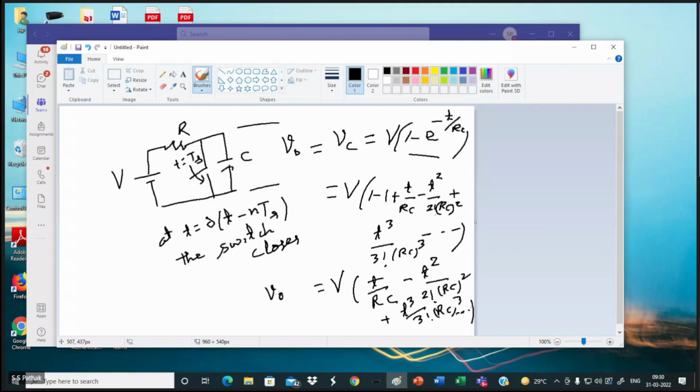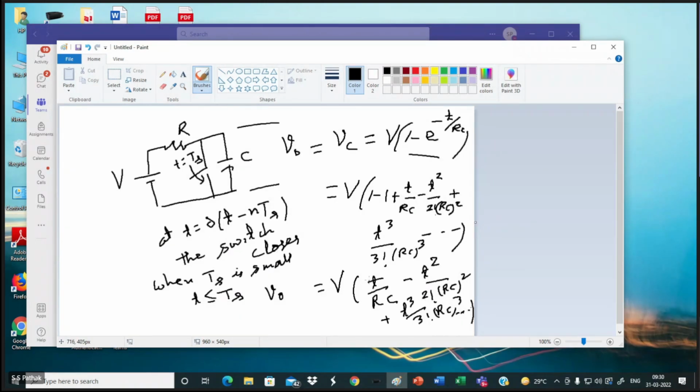At T equal to Ts I am interested. When Ts is large, all these terms will be appearing. Now when Ts is small, that means T less than or equal to Ts, there I am interested.